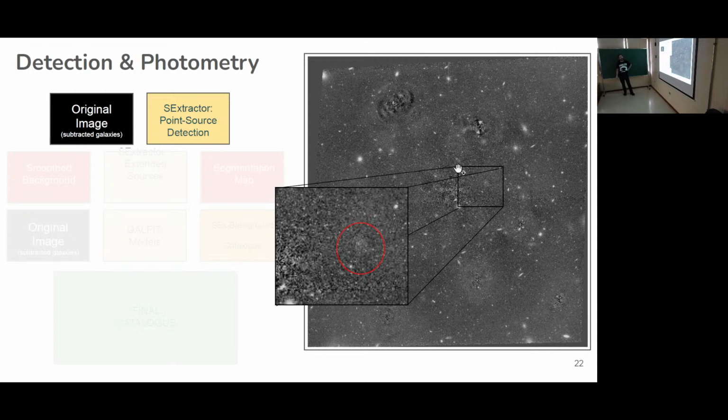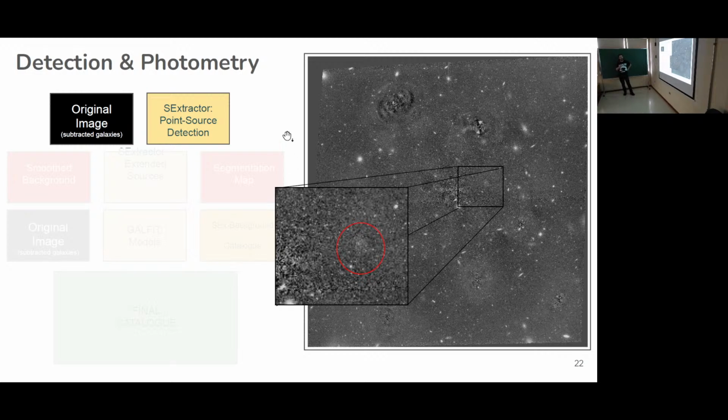And here I'm showing a specific patch of this image where you can see, with a lot of effort, a small smudge, which, believe me, is a galaxy. It's a dwarf galaxy right here. But as you can see, even after we remove the galaxies, it's still very hard to detect this galaxy, even using something like Source Extractor or visually.